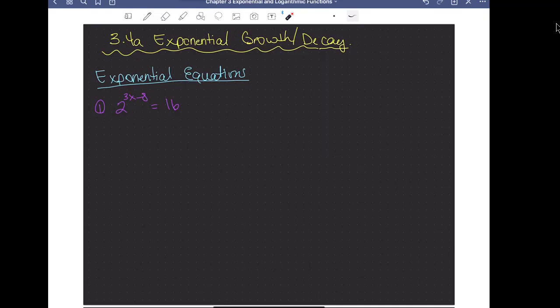I like to think of whether I can get to where my bases are exactly the same. So let's say I had a base and I wanted that to equal some other base. As long as my bases are the same, whatever my exponents are, I know those have got to be equal. So I know that m has got to equal n, right?